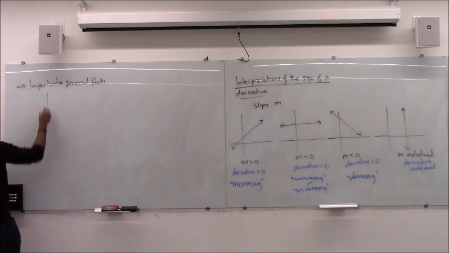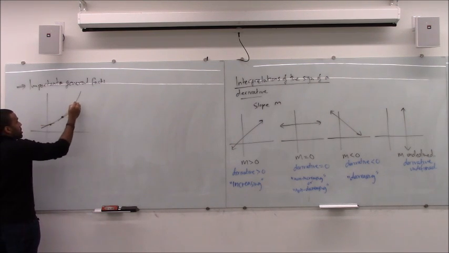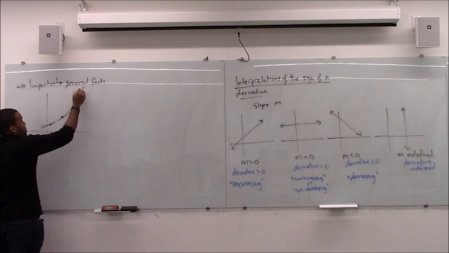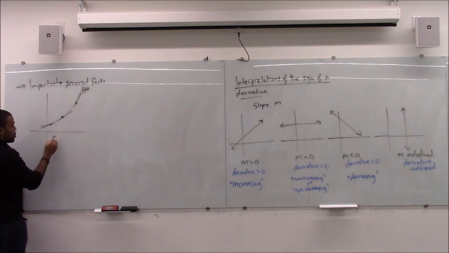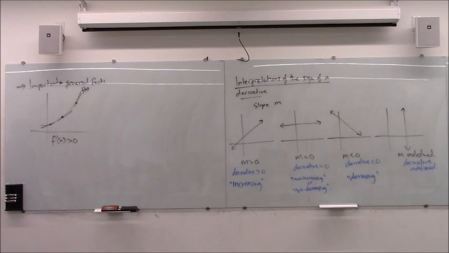You could have a function that's doing something like this, and if you measure a tangent line at some point, you'll notice that the tangent lines are always pointing up, just like a straight line is. So this is your function. You can talk about your derivative f prime as being positive here, right? And that tells you about the behavior of the function that you're looking at. And the function itself, like I said, is not the important thing, it's what it represents.